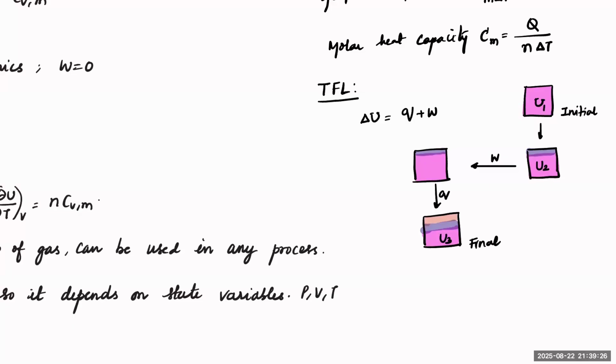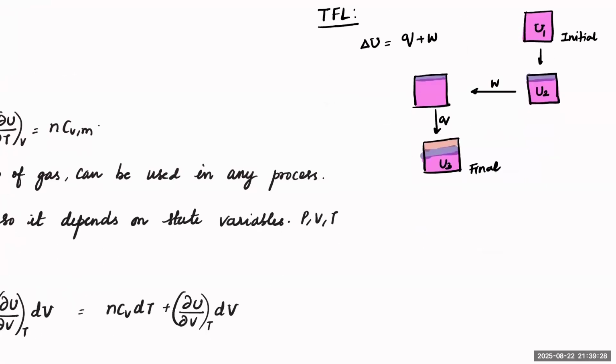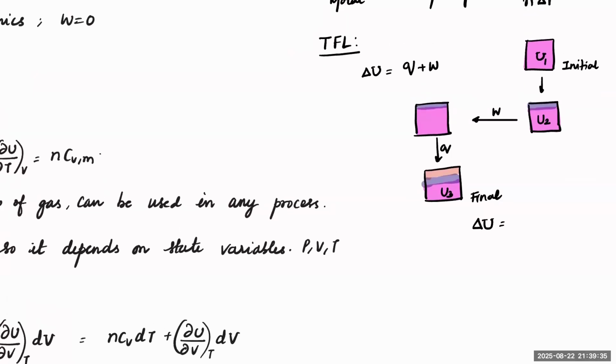And since internal energy is a state function, whatever change happened in the internal energy, what is the consequence? It is because some amount of energy was utilized to do some work, and some amount must have been released out in the form of heat or accepted in the form of heat, either way.